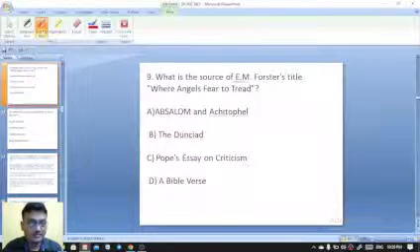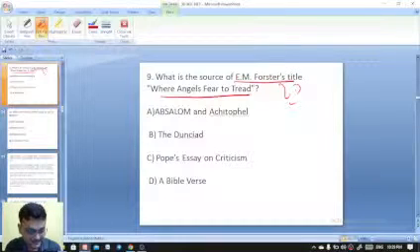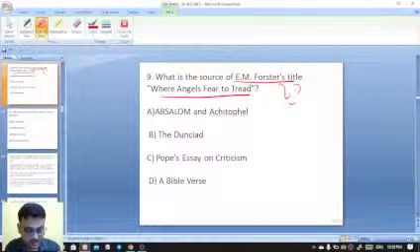What is the source of E.M. Forster's title Where Angels Fear to Tread? The novel, E.M. Forster's novel, Where Angels Fear to Tread. Options: a Dante sheet, Pope's Essay on Criticism, or a Bible verse.